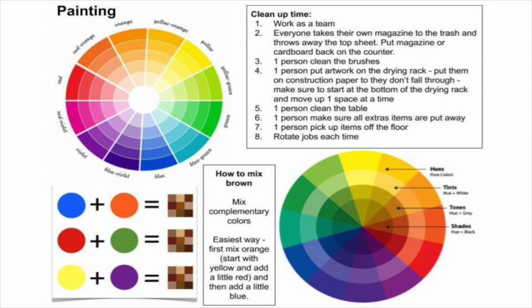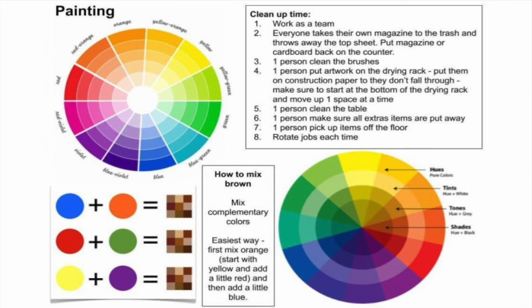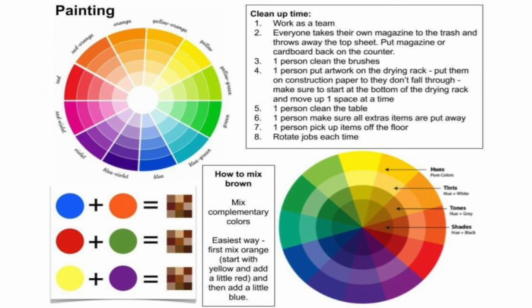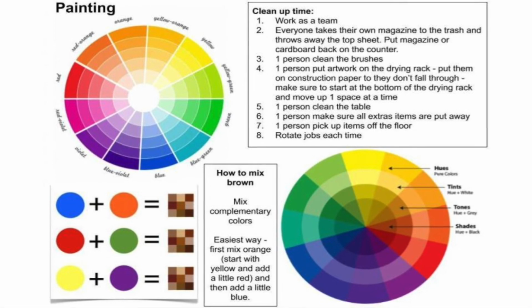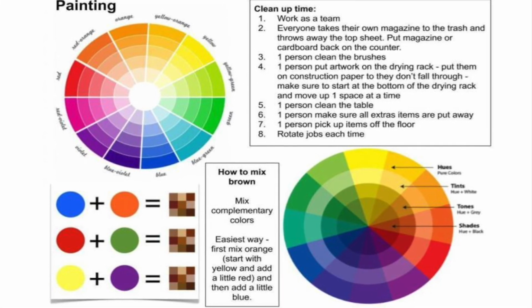So we have blue and orange, red and green, and yellow and purple. What we have found that students find easiest to make brown is by creating your orange and then adding little bits of blue in there at a time. You can also create orange and then add bits of black. So I recommend trying both blue and or black and see what kind of brown you get and if that's what you're going for.